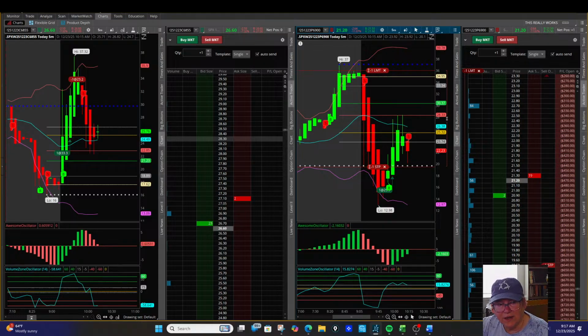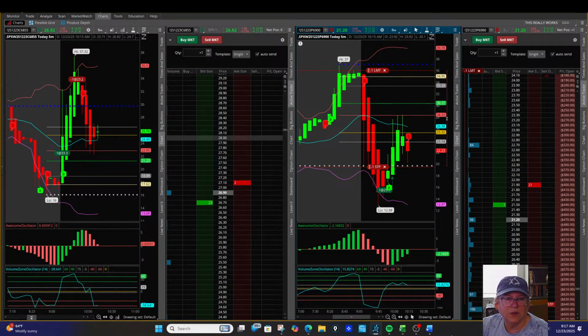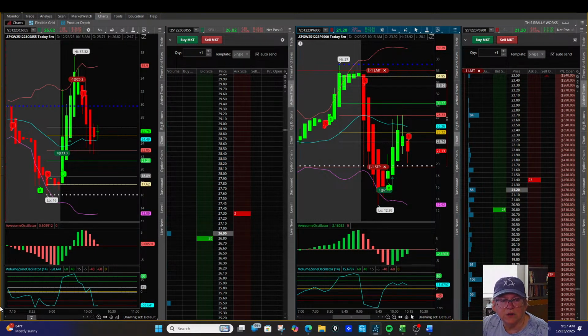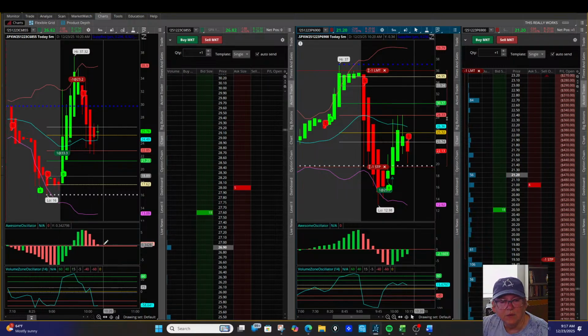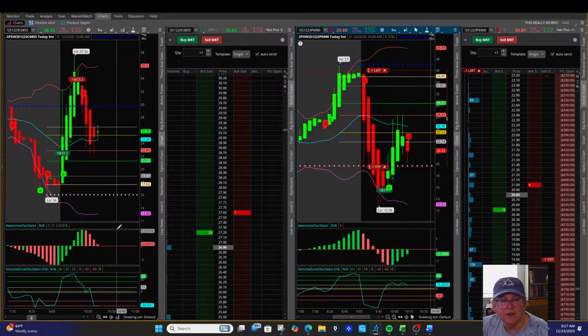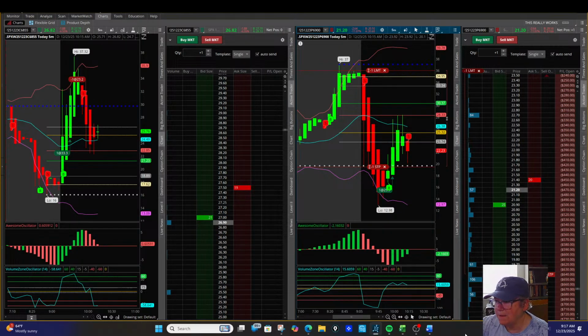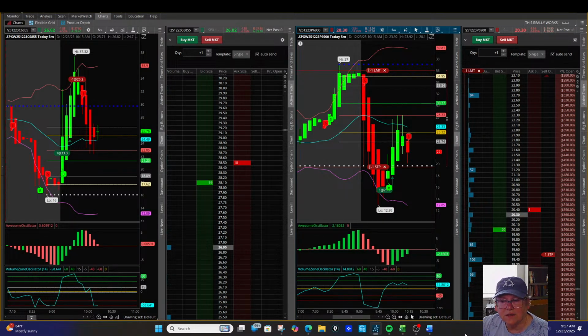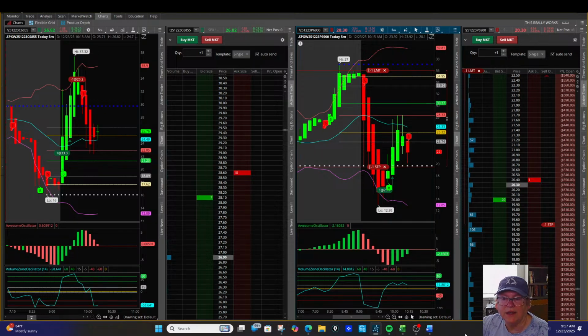Now I see a green, well, it looks like a doji right now, forming over in calls. Now this could be one of those fake out things where it comes down here like it's going to go down, but then it's green here and it goes back up. So we'll kind of see what happens to that. Having the stops, though, is a good thing, even though you might get stopped out.